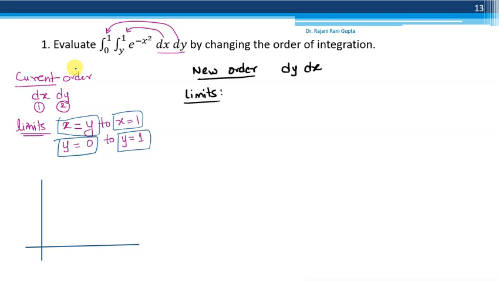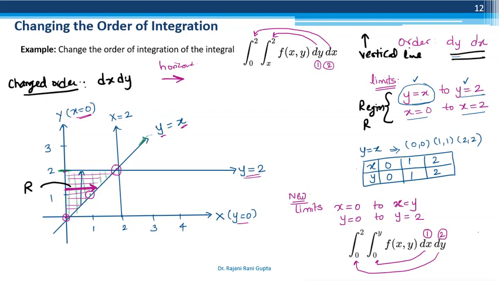Let's assume that this is your x-axis, this is your y-axis. Here y is equal to 0, here x equal to 0. Let the points be 1, 2, say here 1 and 2. Okay, x equal to y. Similar to the previous question, x equal to y gives you the points 0, 0, 1, 1, 2, 2.